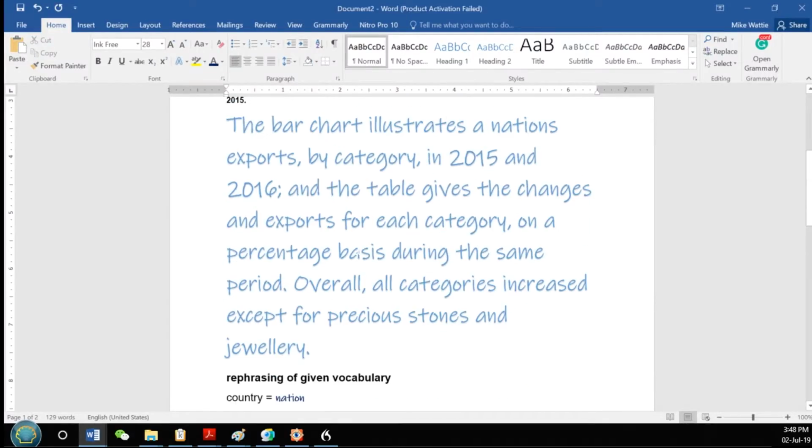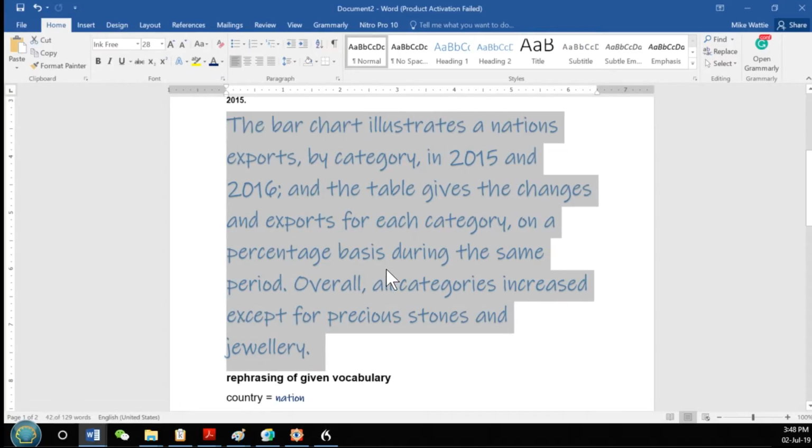Okay, so that's the introduction written for our report, and let's see how many words. 42 words so far of our 150 words. That's another reason why I didn't write the highest and lowest categories in here. It'd be great to have that as well, but it could start to blow your word limit a little bit, and consequently you might run out of time.